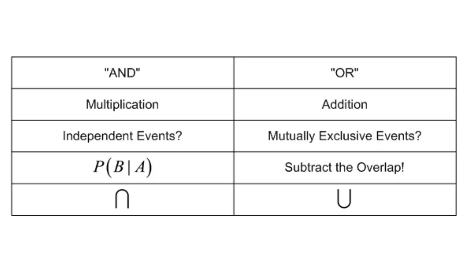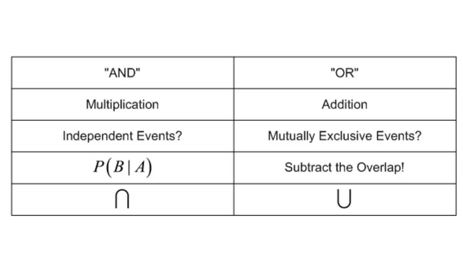So let's summarize what we've learned here. We've looked at 2 situations, an AND situation of 2 events and an OR situation of 2 events. When we're trying to determine a total number of outcomes in an AND situation, we use multiplication. And we ask ourselves whether or not the 2 events are independent.